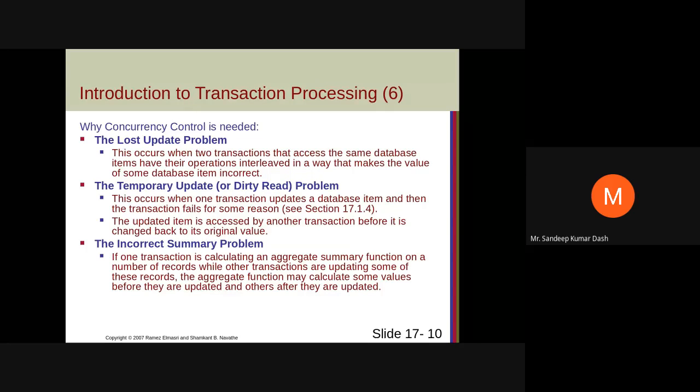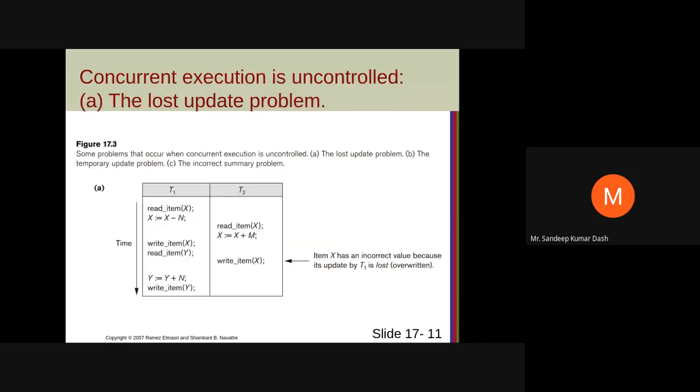The first one is lost update, which says that if you are updating in the middle of another update, then your update will be wrong, because that update was not at all affected. Here x is read from the database and subtracted, then another transaction reads x from the database, adds something onto it, and then writes the value which this one updated, not which t1 updated.